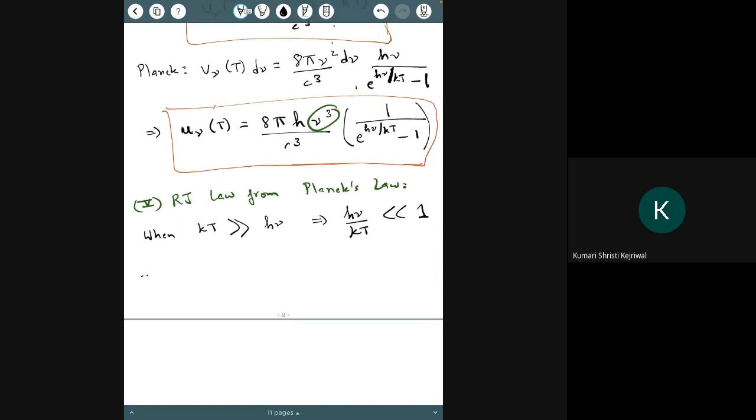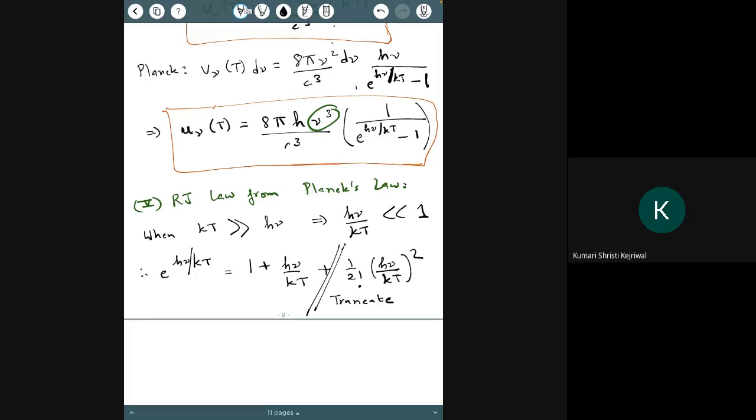In that case, you can approximate e to the power h nu by kT as 1 plus h nu by kT plus, so you have the exponential expansion, and you can stop at the first term, because h nu by kT is very much less than 1. So (h nu by kT) squared is even smaller, and all the other terms become insignificant.